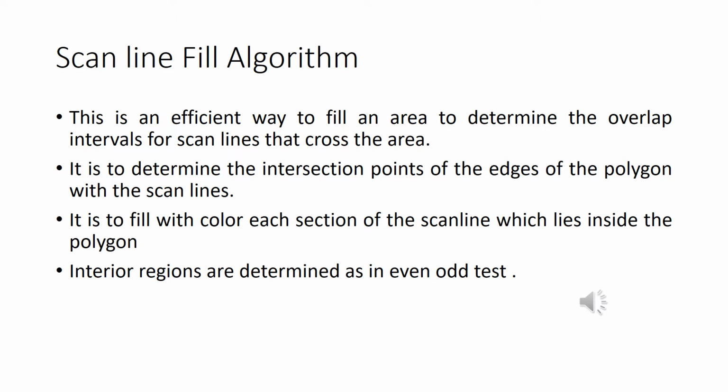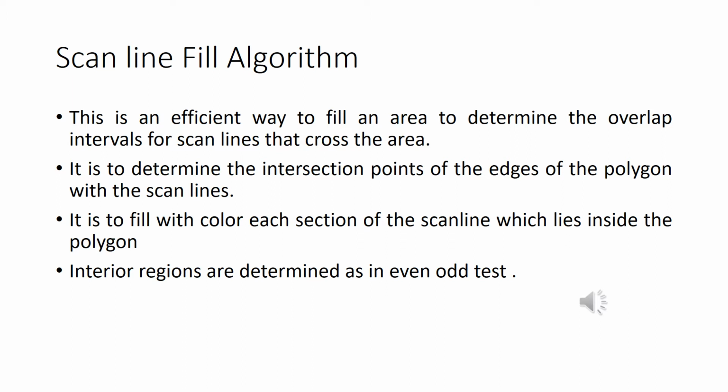That means for a raster system, for a given polygon, we take which scan lines have passed through our polygon. Next, we determine which portion of those scan lines is a part of the polygon.